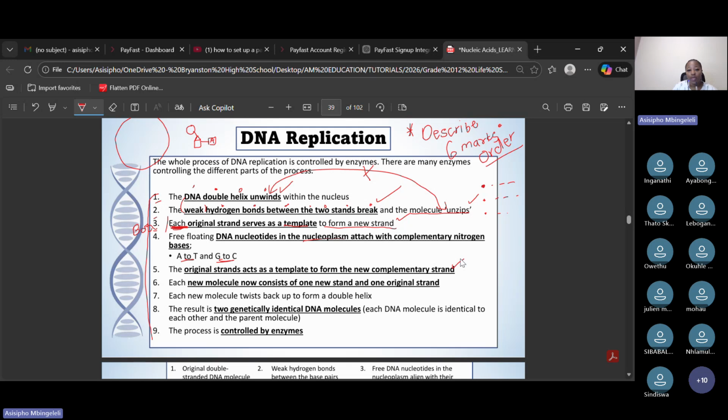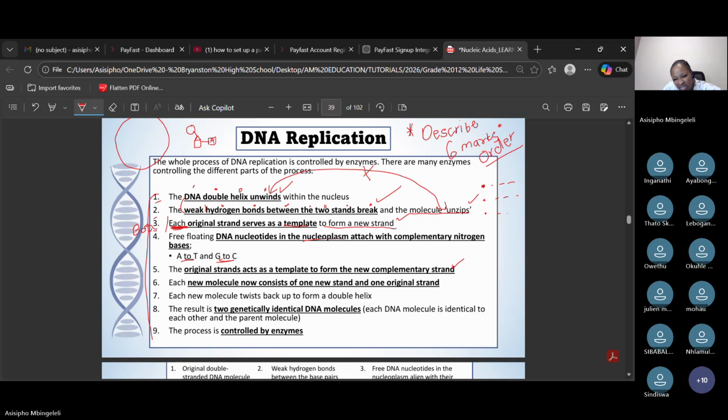At the end, we are going to have two genetically identical DNA molecules. But now each molecule will consist of one new strand and one original strand. Now let's figure out how this whole thing happens.